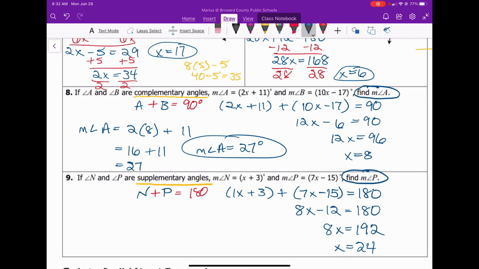Now, although we solved for x, they're asking us to find the measure of angle P. So the measure of angle P is equal to 7 times 24 minus 15. 7 times 24, once you work that up, is 168. And 168 minus 15 is 153. So the measure of angle P is 153 degrees.